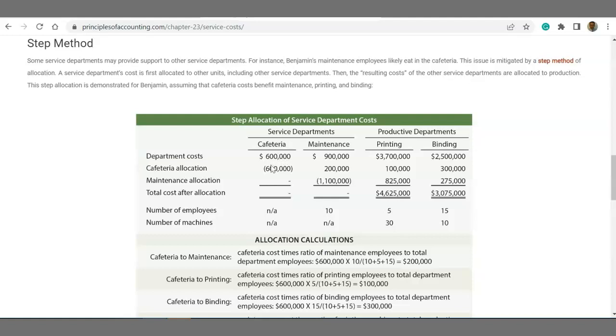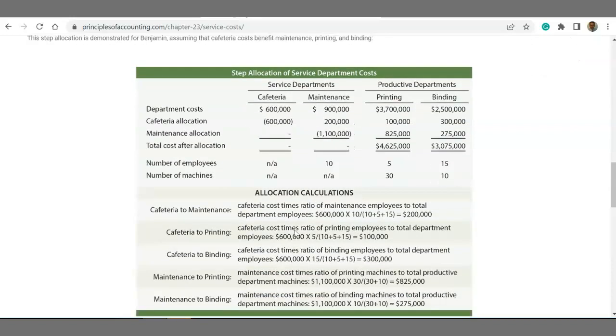So in step one, you apply the cafeteria, which provides service to everyone, proportionally. So here, $600,000 of cafeteria cost will go, let's say here. We have 10 people in maintenance, we have 5 people in printing, and 15 people in binding. So that gives us total of 30.